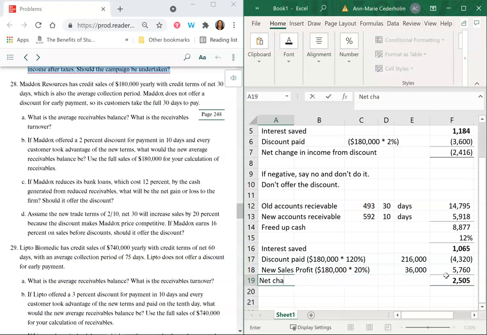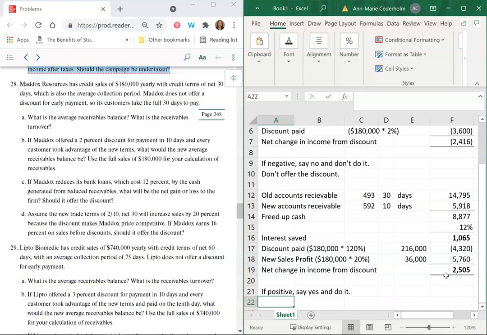And this is my net change in income from discount. Now that this is positive, I'm going to say, yes, let's offer the discount. So I'll say if positive, say yes and do it. So in this case, I'm going to offer the discount.